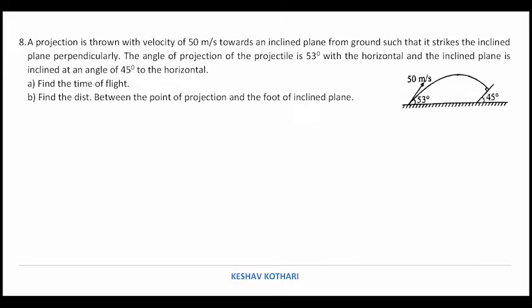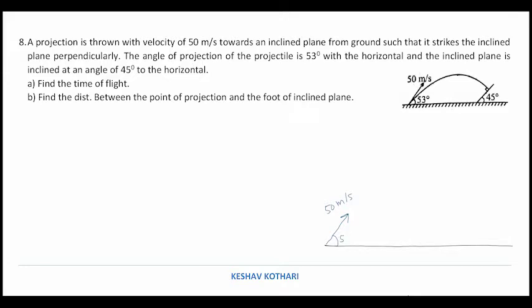So I am just redrawing the diagram for better solving purpose. So this is what we consider. So the particle is projected with a velocity of 50 meter per second, making an angle of 53 degree.